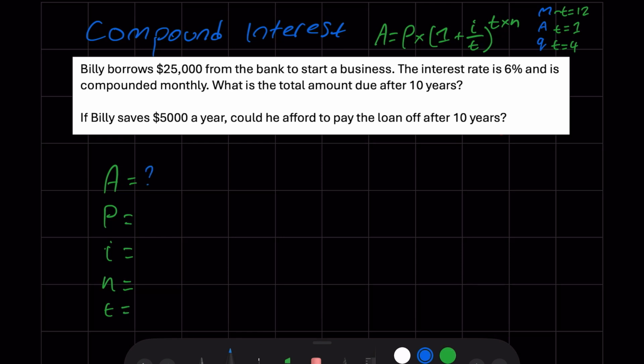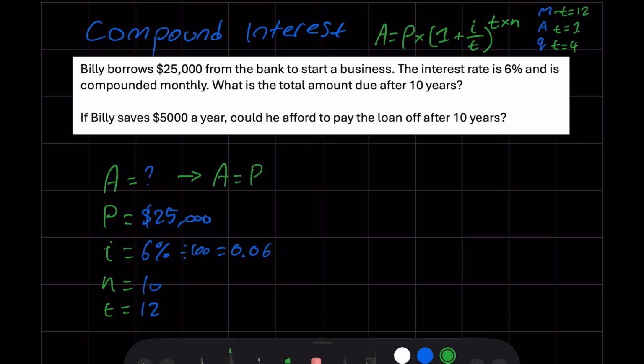Looking through our question, our P is $25,000. Our I is 6%, which divided by 100 equals 0.06. Our N is 10 years. And our T, this is compounded monthly, so T is equal to 12. Let's put this formula out.